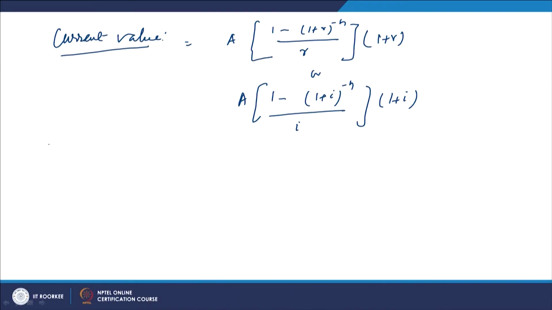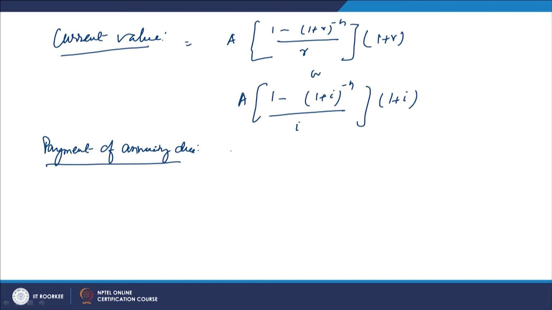Now similar to that, we can also find the payment of an annuity due. In that case you have to find the value of A. As you know, if you know the F, then you simply get the A from there.